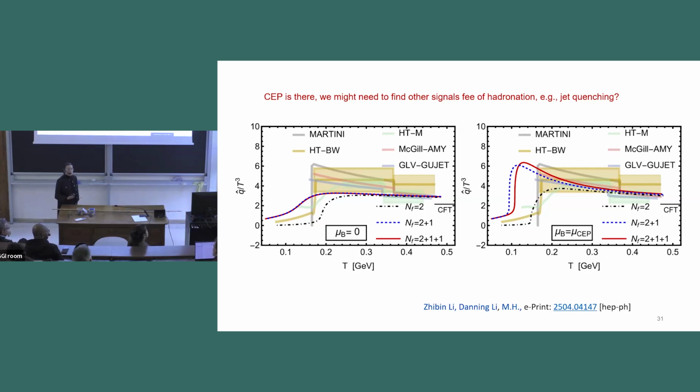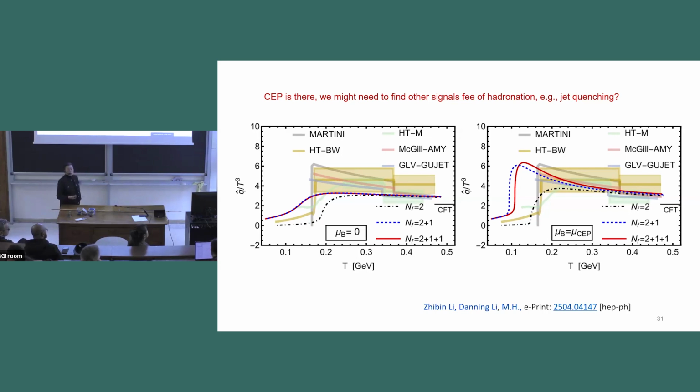So this is my understanding. Of course we need to find some other signatures that are free of hadronization.